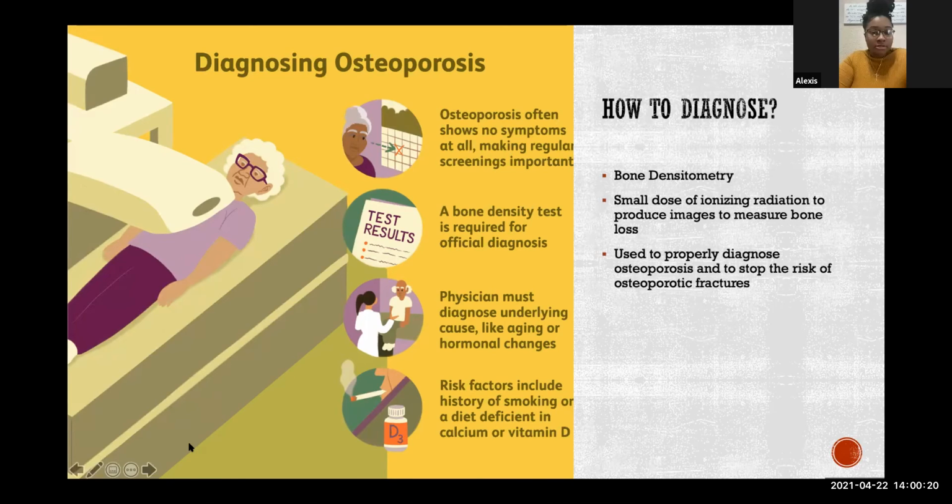Osteoporosis often shows no symptoms at all, making regular screenings important. A bone density test is required for official diagnosis. A physician must diagnose the underlying cause, like aging or hormonal changes. Risk factors include a history of smoking or a diet deficient in calcium or vitamin D.